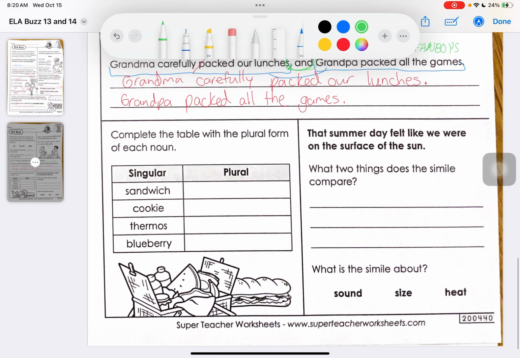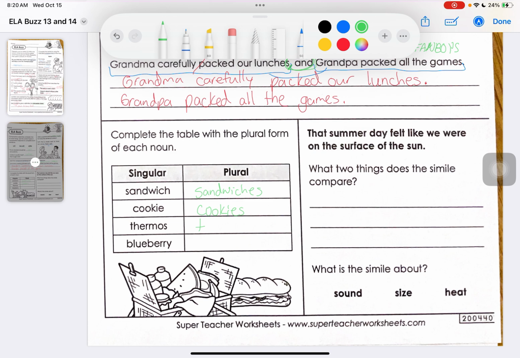Complete the table with the plural form of each noun. So singular means like one. Plural means more. So one sandwich, two sandwiches. One cookie, two cookies. One thermos, two thermoses.